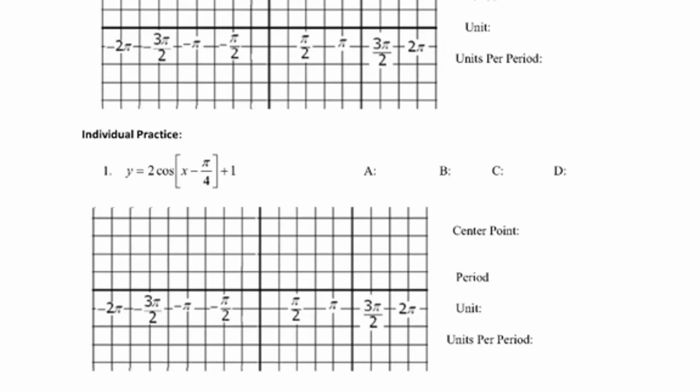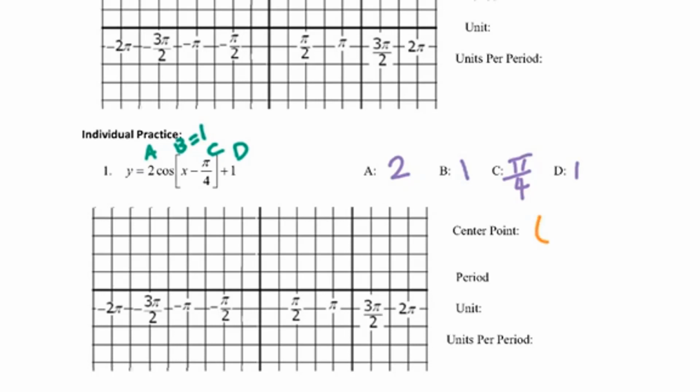Now let's go to individual practice. We will get A, B equals 1, C and D. So we got A is 2, B is 1, C will be positive pi over 4 because it's a linear, and D is 1.